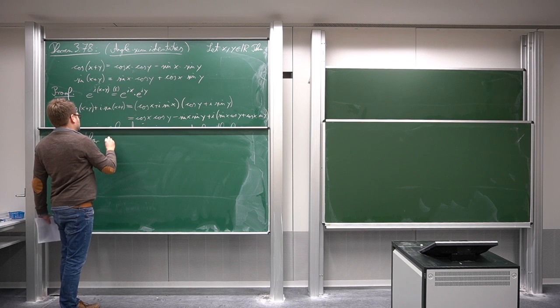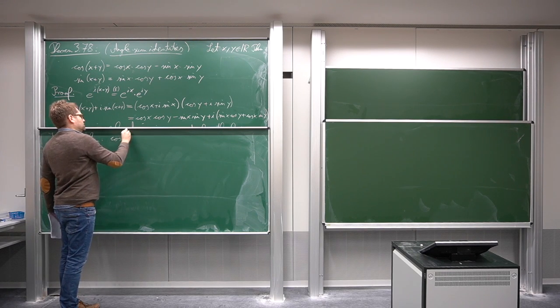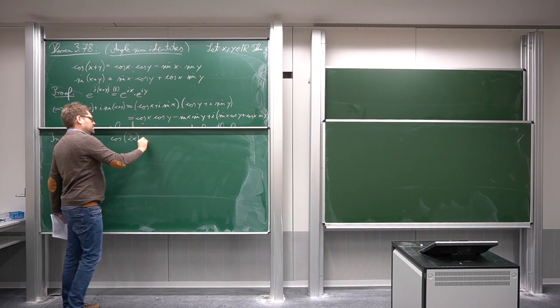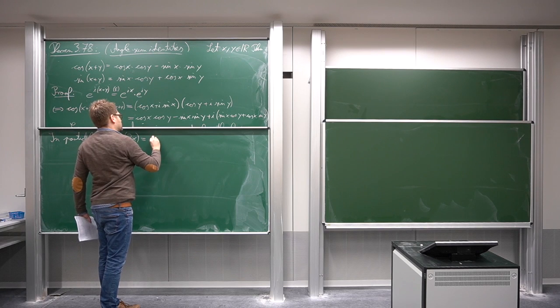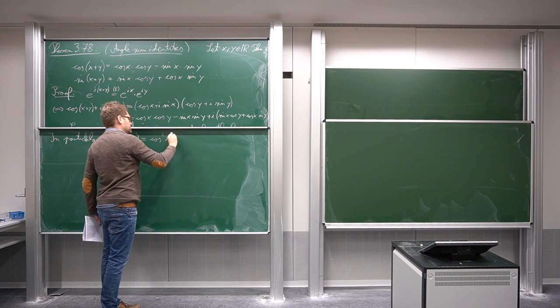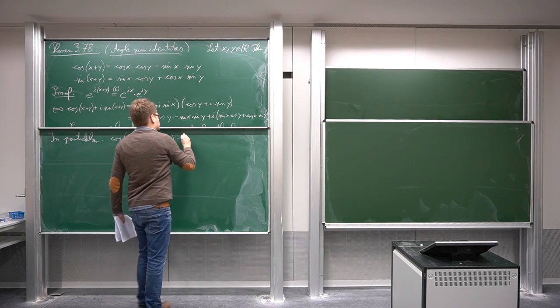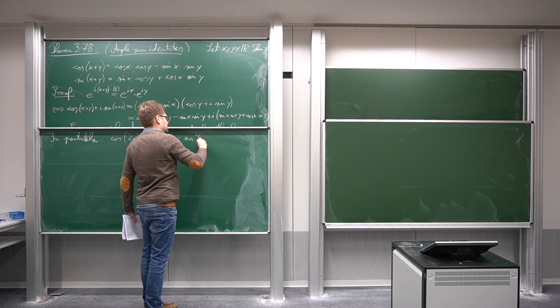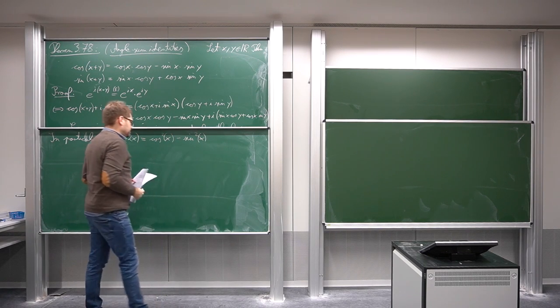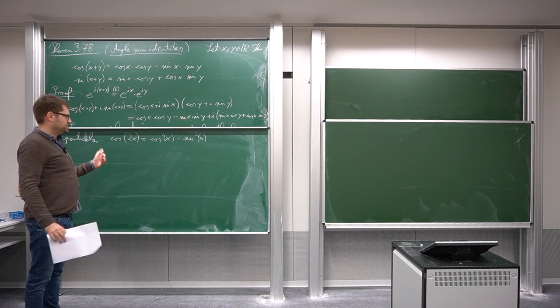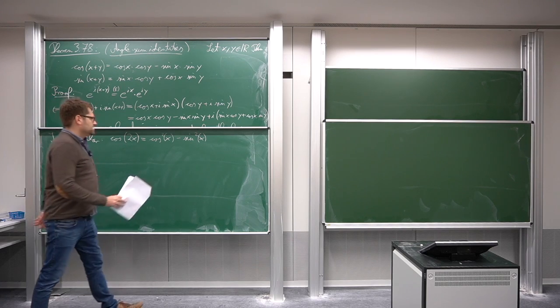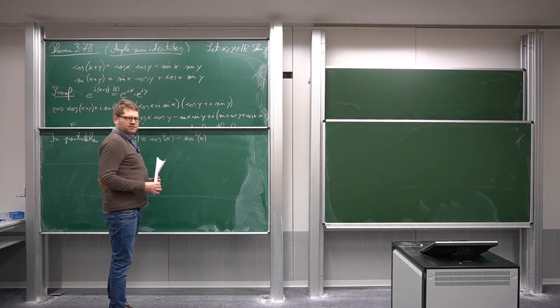if we take x to be equal to y, then we get the cosine of 2x is the same as the cosine of x squared minus the sine of x squared. And if we now use the identity that sine squared plus cosine squared is equal to 1, sine squared is the same as 1 minus cosine squared.